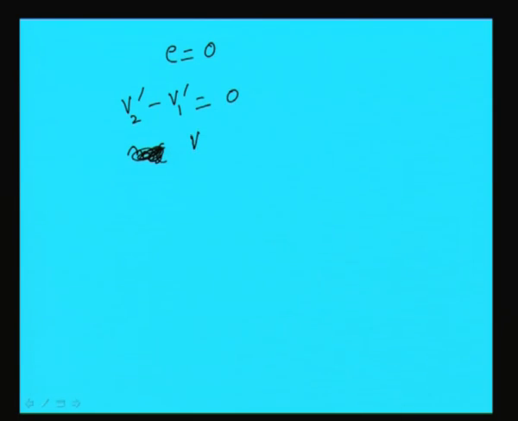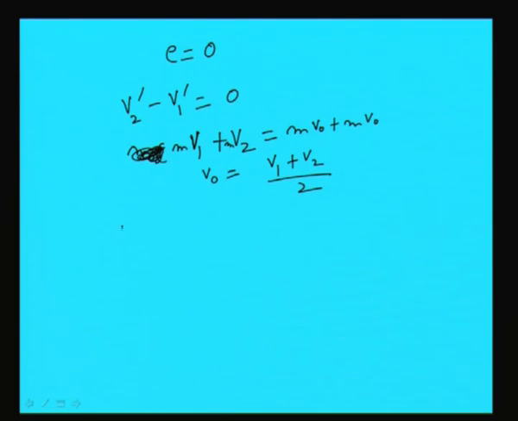Initially the velocities may be V1 and V2, and finally the velocity becomes, let us say, V0, the same velocity. So this will become mV0 plus mV0, and V0 will become basically (V1 plus V2) by 2.